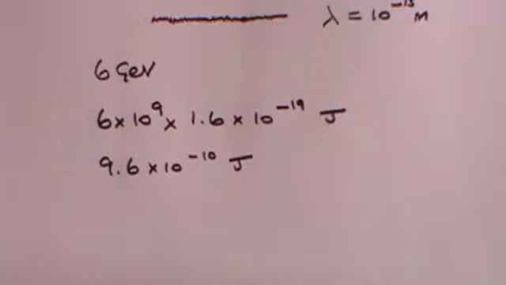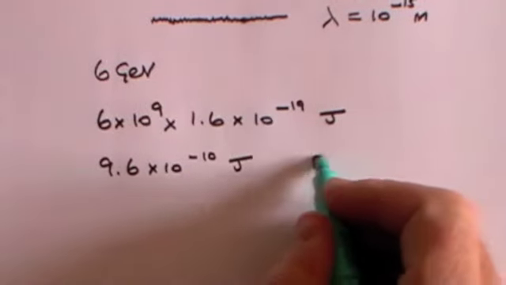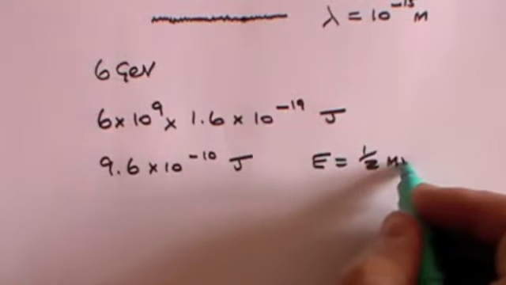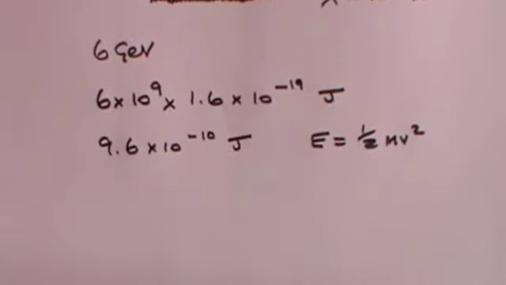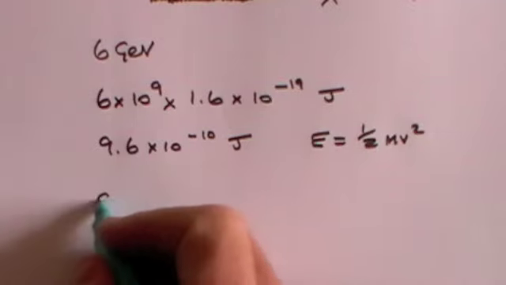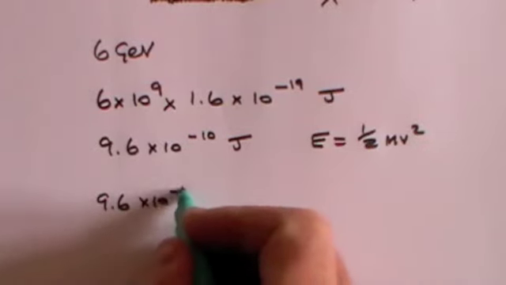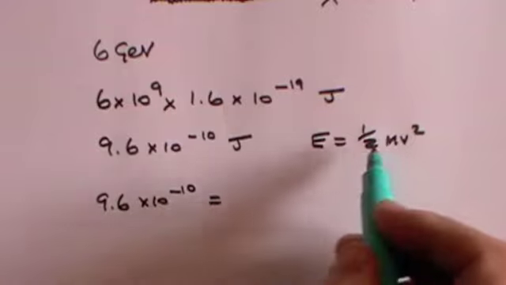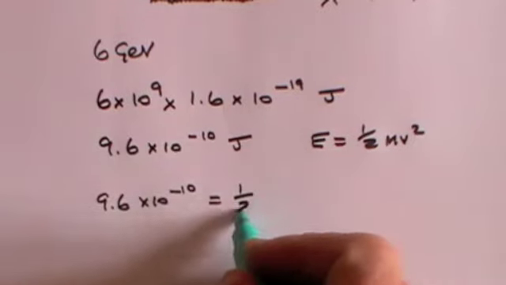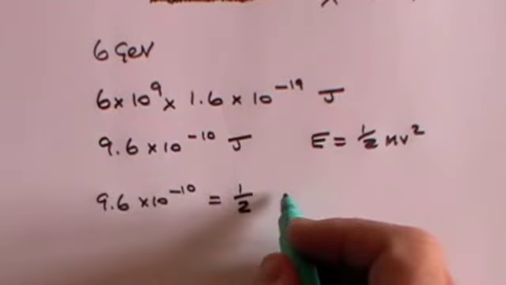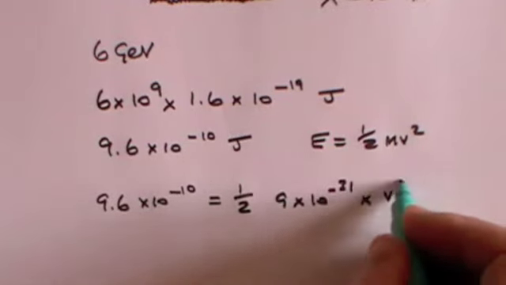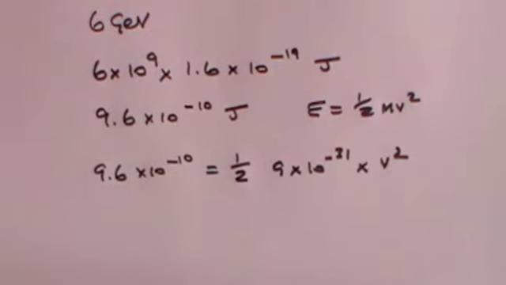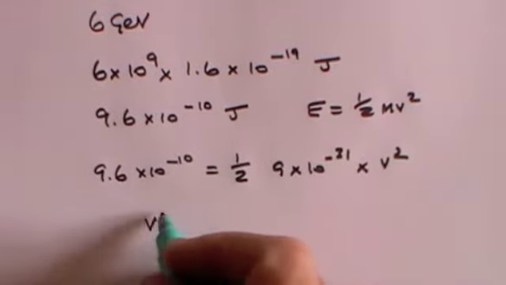And that is equal to the energy, and energy is equal to half mv squared. So if we equate the two, we say that the energy, 9.6 times 10 to the minus 10 joules, is equal to a half mv squared, which is a half times the mass of an electron, which is 9 times 10 to the minus 31, times v squared.